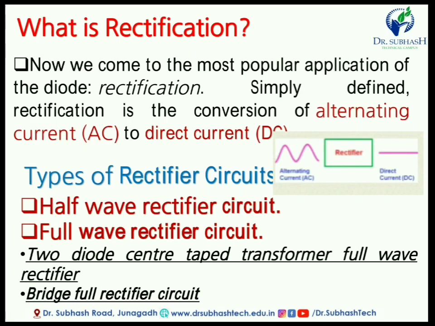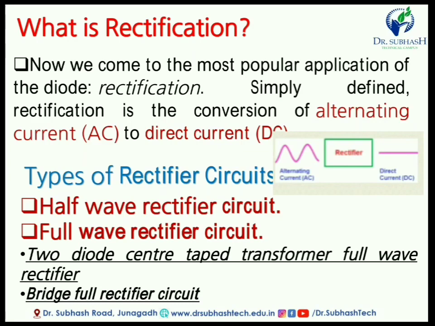There are two basic types of rectifier according to the conversion process: the half wave rectifier circuit and the full wave rectifier circuit. If we convert only the half wave of the AC signal, it is called a half wave rectifier. If we convert the full cycle, meaning the positive half cycle as well as the negative half cycle, it is known as a full wave rectifier circuit.